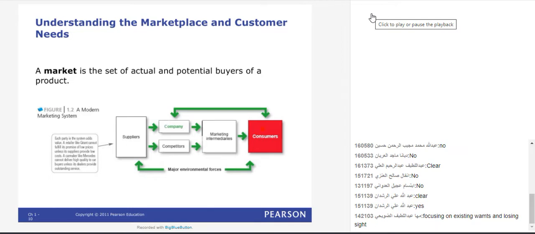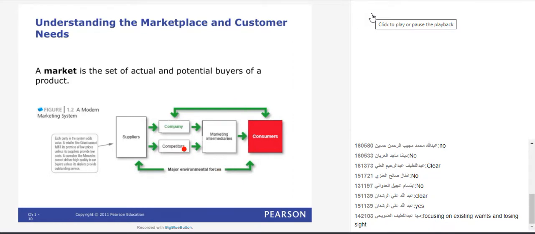The customer wants something, and they are getting this product from the company, maybe through a marketing intermediary or right away from the company.